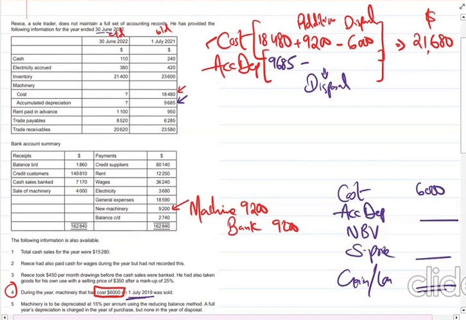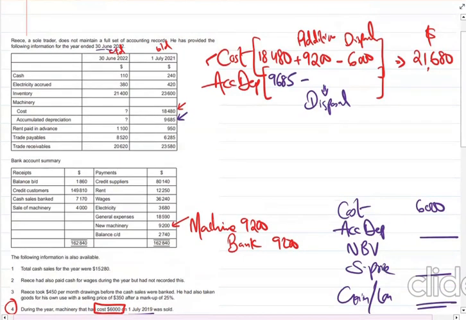So 2019 was the year of purchase, the next year is 2020, then 2021, and the third year is 2022. But we will not take 3 years of depreciation. Why? Because none in the year of disposal. So we will only calculate depreciation for how many years? 2 years.